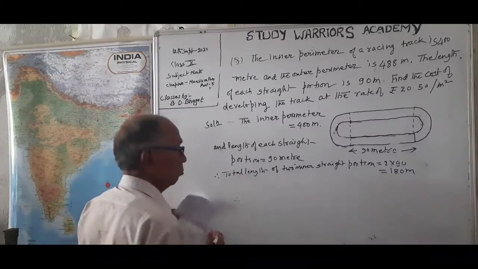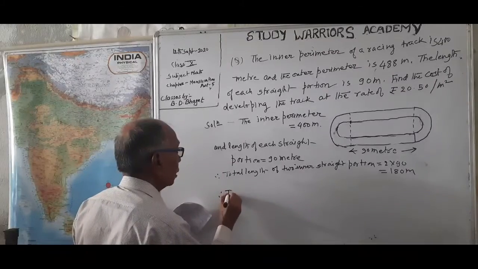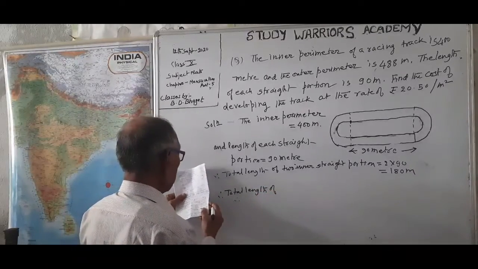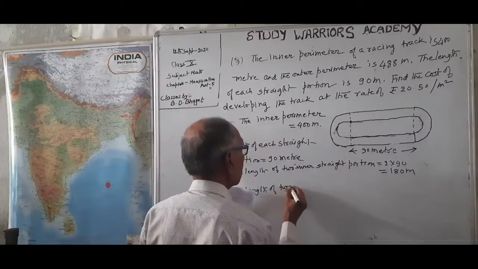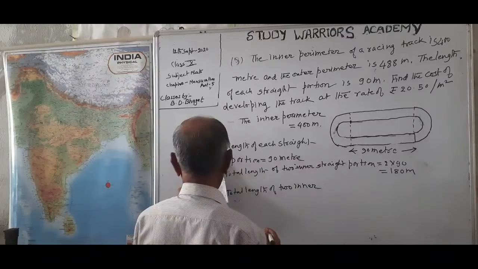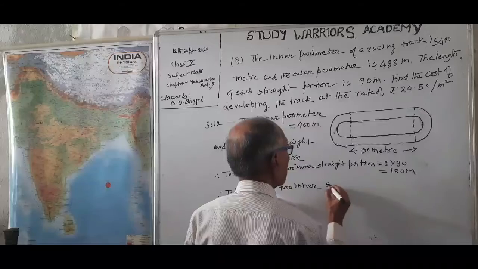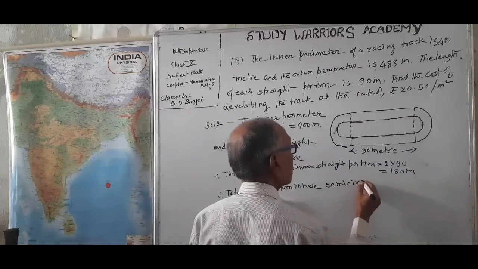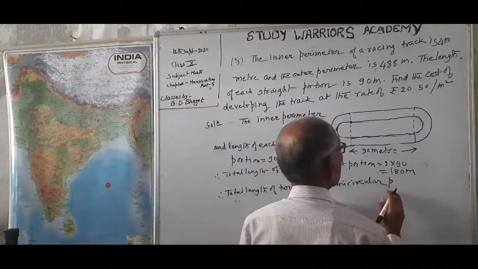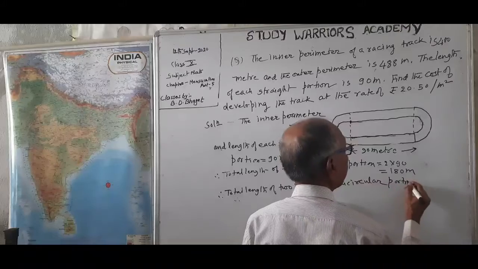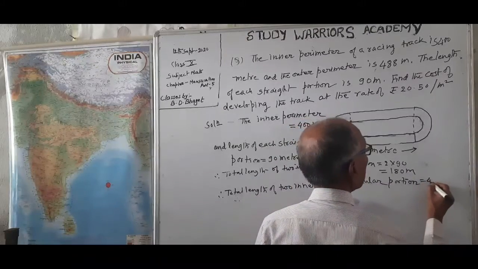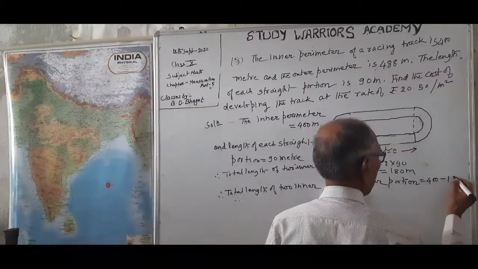Therefore, total length of two inner semicircular portion means line is equal to 400 minus straight portion 180.